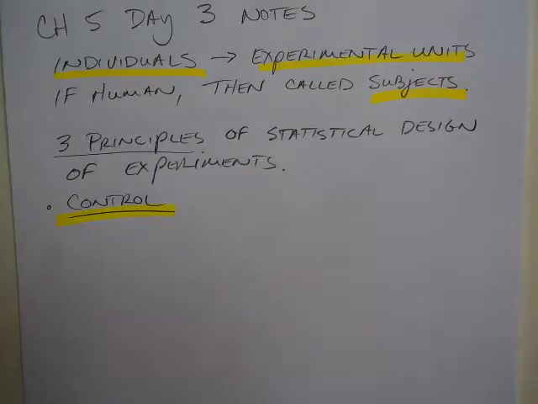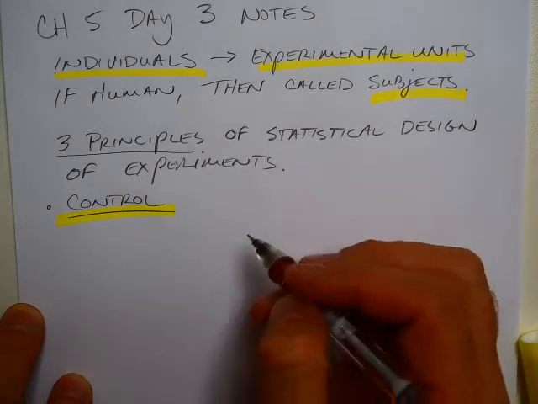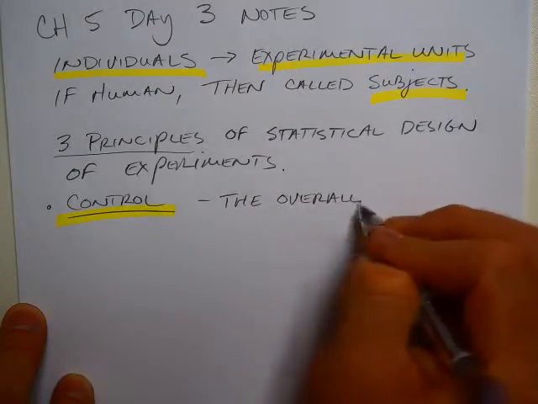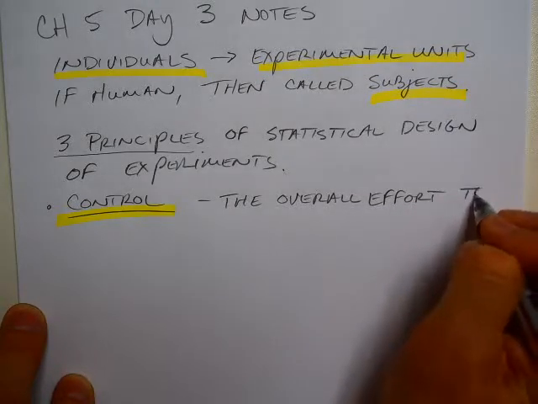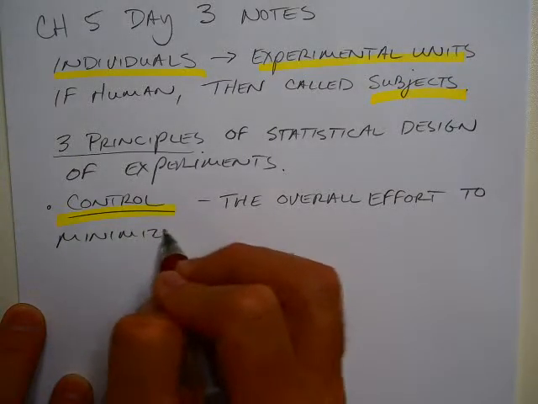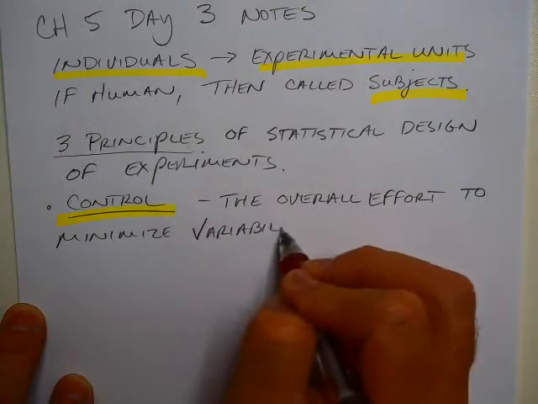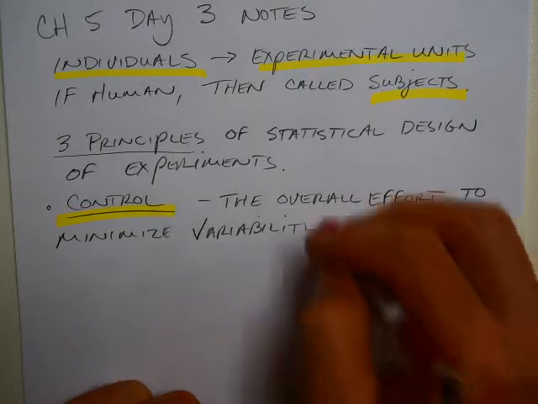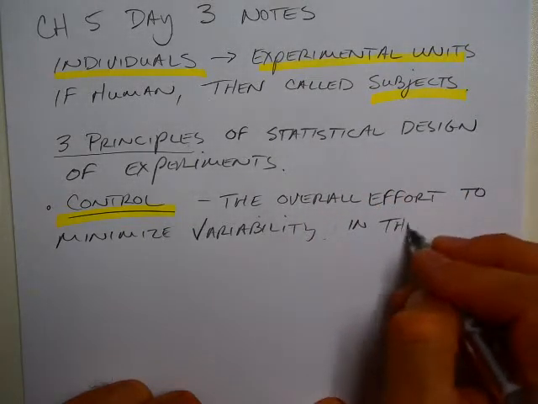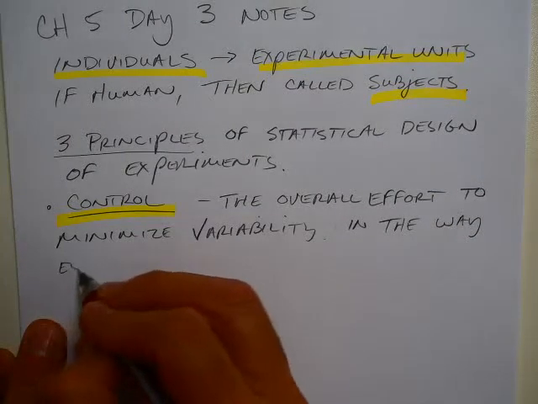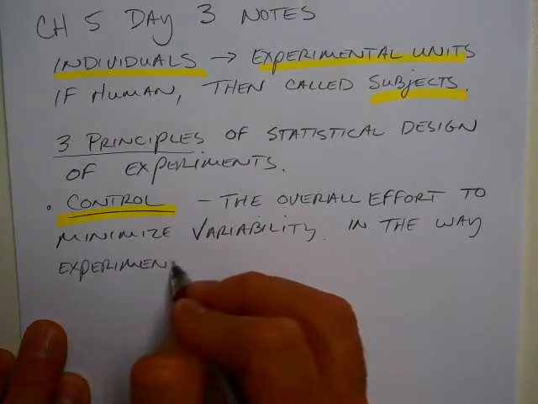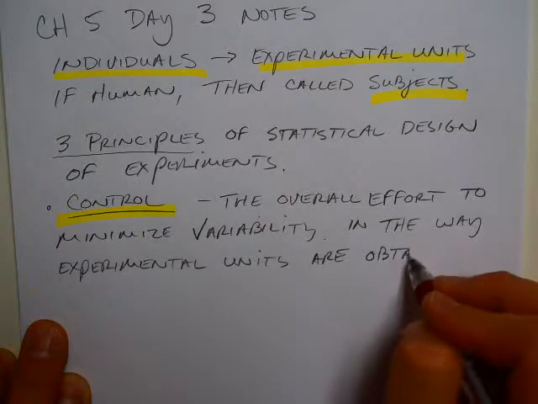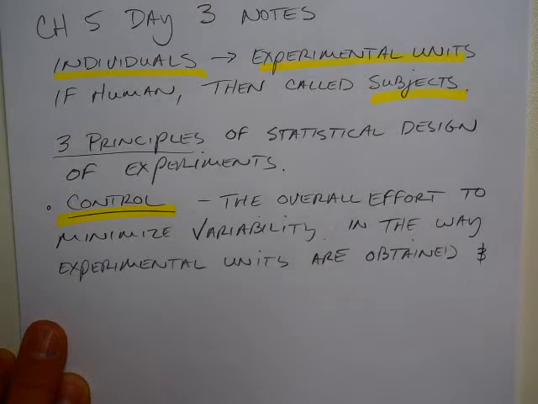Control is the overall effort to minimize variability in the way experimental units are obtained and treated.